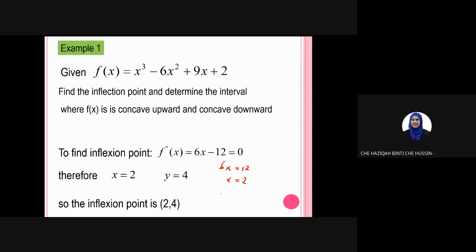When x equals 2, you substitute into this one. 2 cubed minus 6 times 2 squared plus 9 times 2 plus 2. Okay, so we will get 4. So the inflection point is (2, 4).